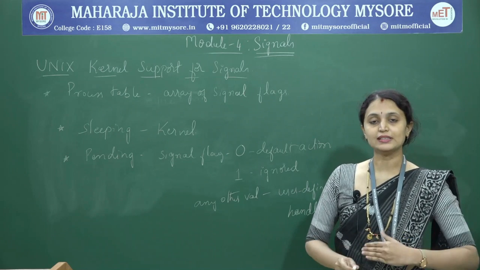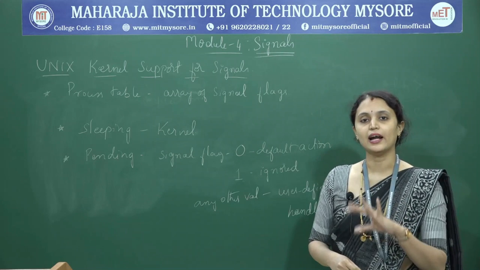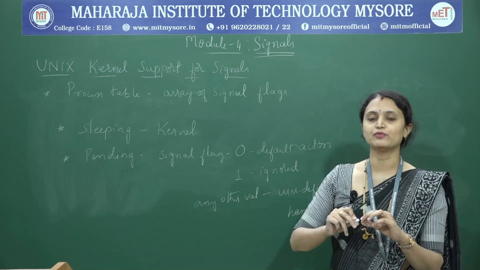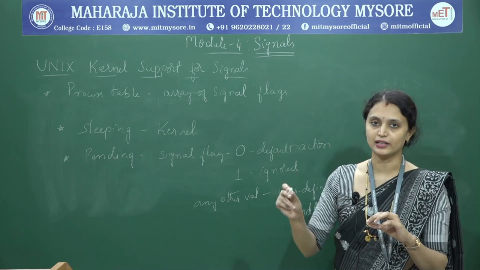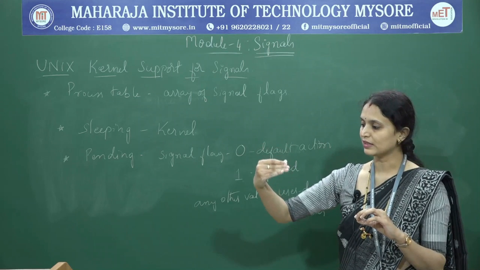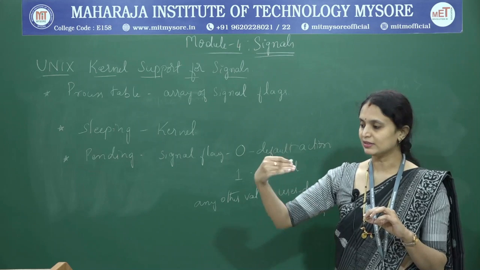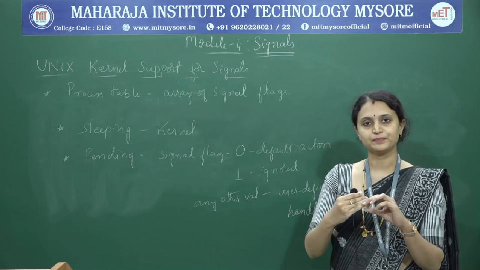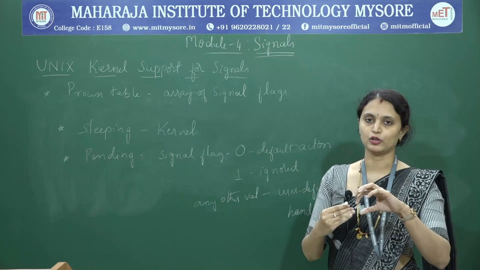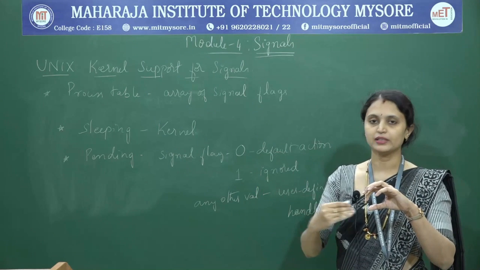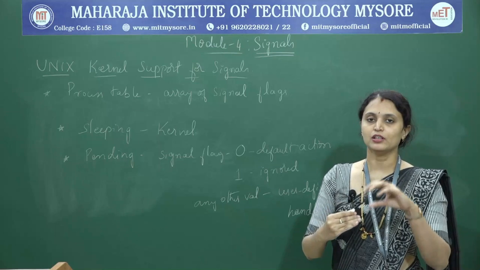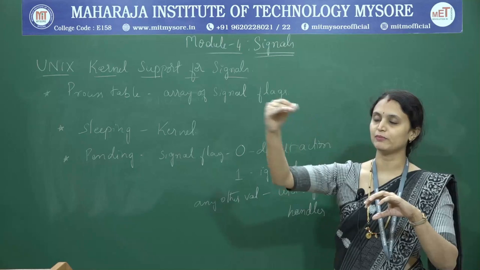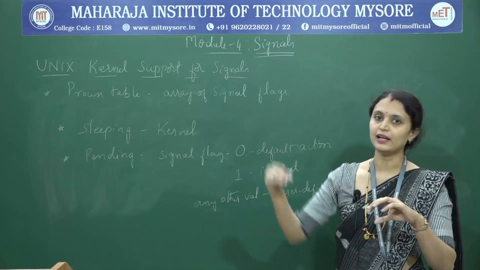Once the user defined signal handler is executed, the control will be transferred to that particular signal handler, and its execution continues. Once the execution completes, the control will be returned to the process, from where the process started the execution of that user defined signal handler.